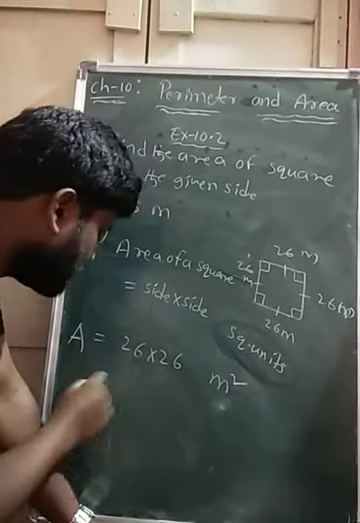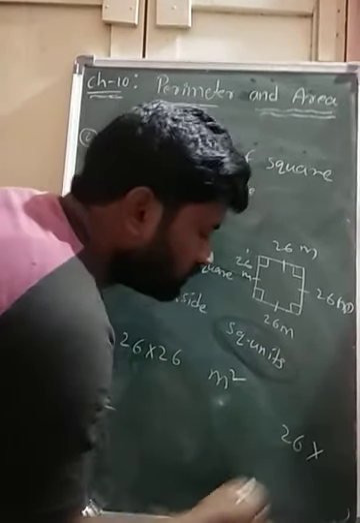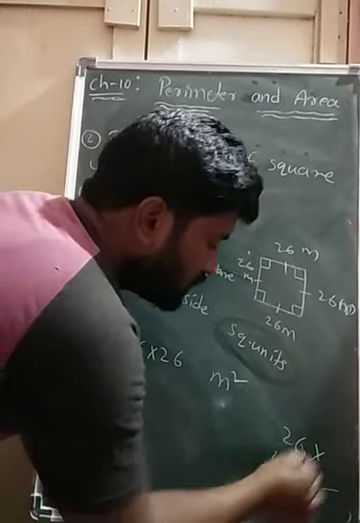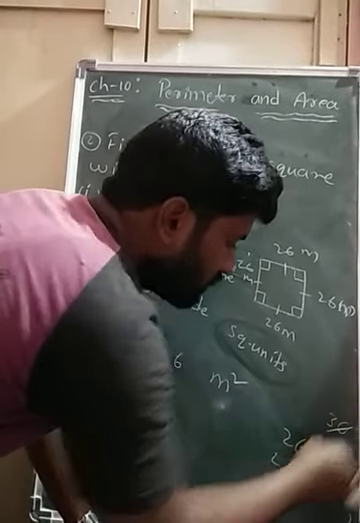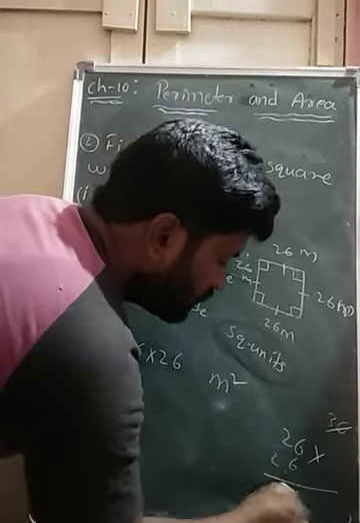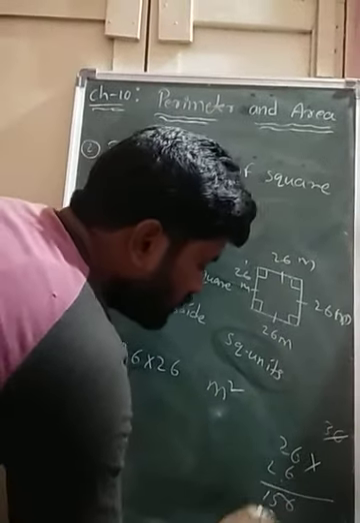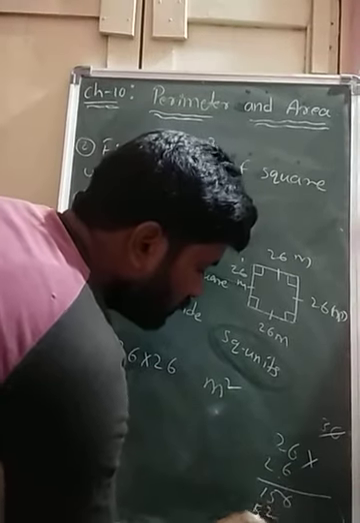So 26 into 26 is equal to what? Take simple multiplication. 6 6s are 36, 6 2s are 12 plus 3 is 15. Then 2 6s are 12, 2 2s are 4 plus 1 is 5.